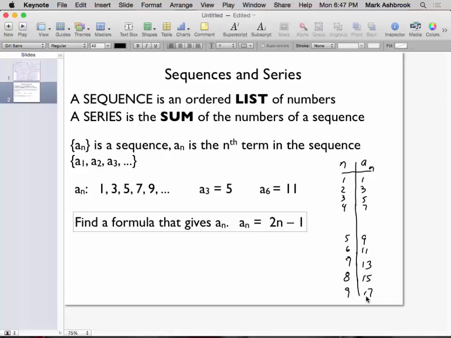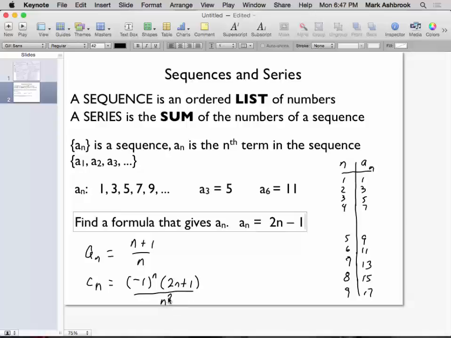Okay, so let's see other sequences. A sub n equals n plus 1 over n. C sub n equals, these are just examples, negative 1 to the n, 2n plus 1 over n squared.